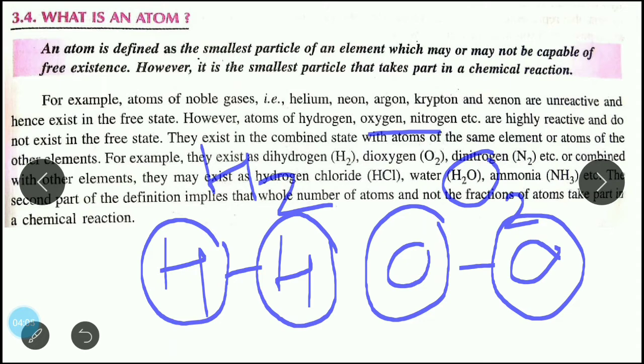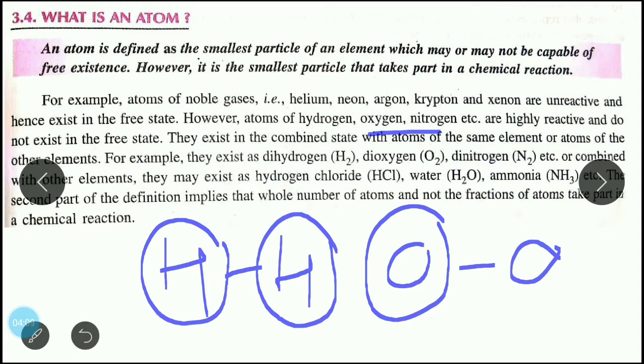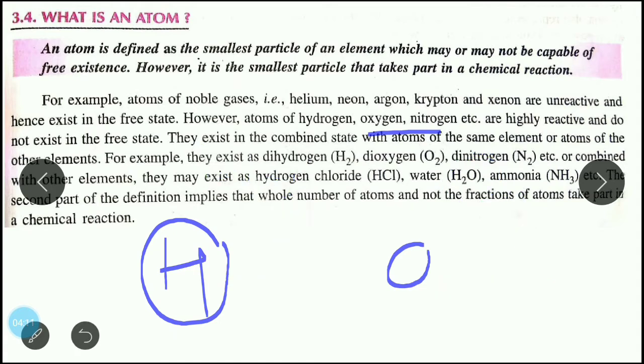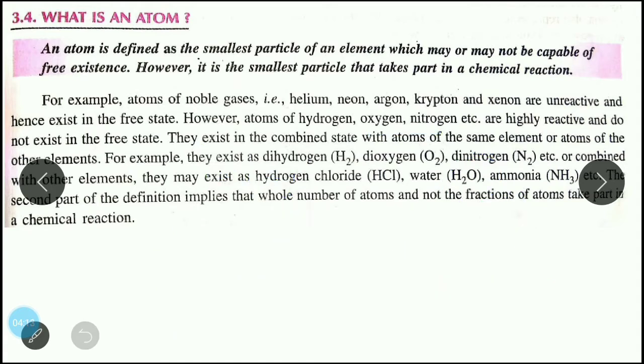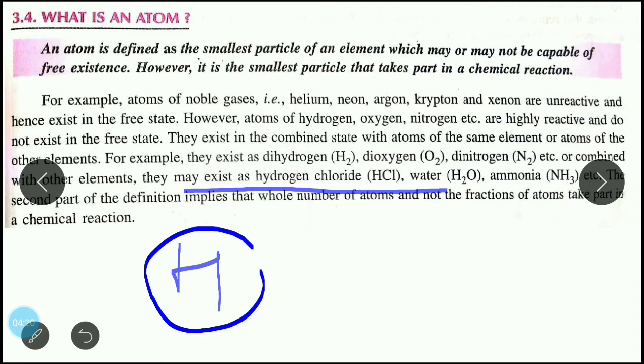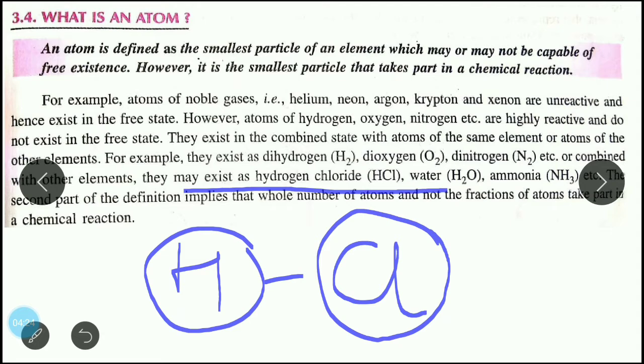I hope you're understanding, because they are highly reactive they always exist in pairs, or with other elements. Like hydrogen can make a bond with chlorine, which means hydrogen chloride. But individually they can't exist because they are highly reactive in nature, so they don't exist in a free state.